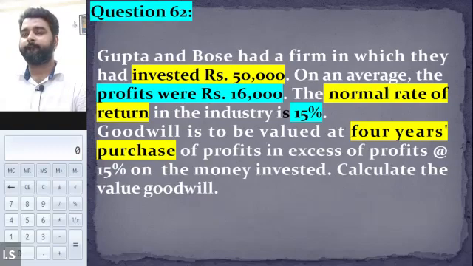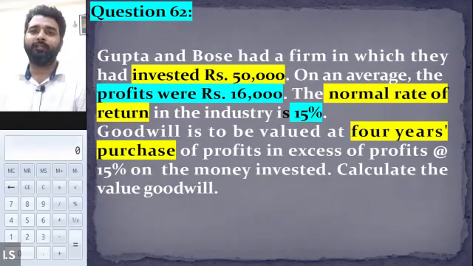Yes, sir. Sir, what was the average profit and normal profit? Average profit is already given. The profit that is given in the question is the average profit of the firm, 16,000. And for finding out the normal profit of the industry, we need to multiply the capital employed of the business with the rate of return prevailing in the market.